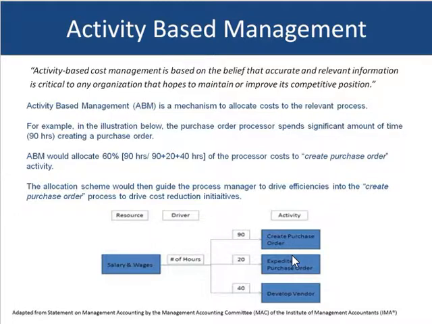These allocation schemes become important from a strategic cost management standpoint because you are really trying to understand what's driving your cost, how you can optimize your cost, and defend the company's strategy from a product standpoint.